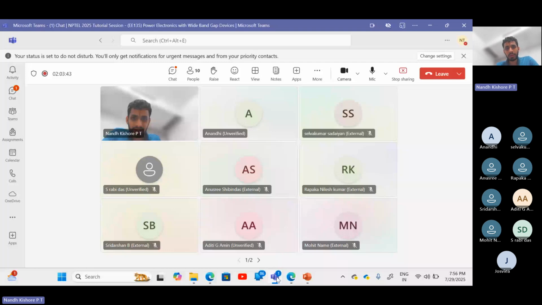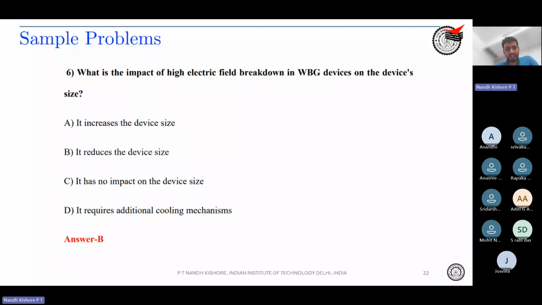So what is the impact of high electric field breakdown in WBG devices on the device size? It increases the device size, it reduces the device size, it has no impact on the device size, it requires additional cooling mechanisms. So this is something related to the device properties. I'm not going to dwell on this too much, but the point is, if there is high electric field breakdown, then the width of the depletion region decreases.